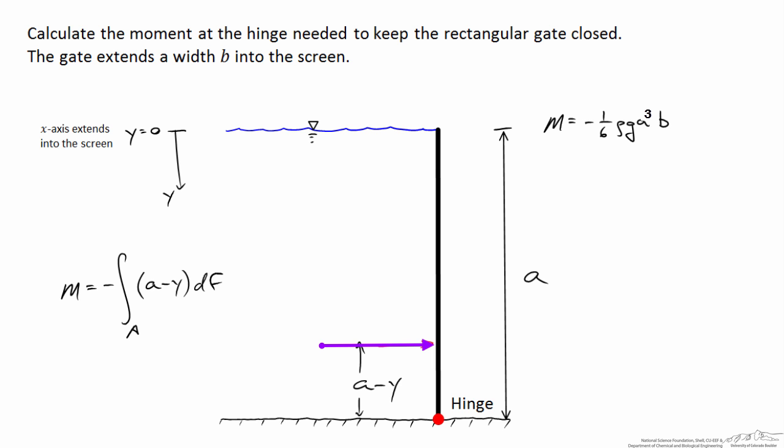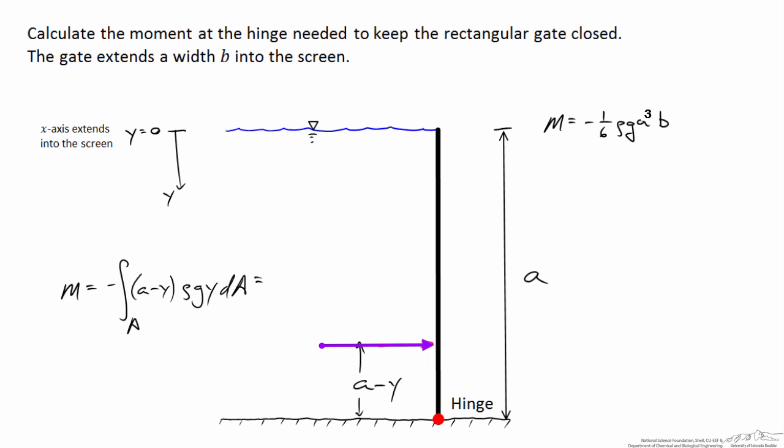And this differential force is simply p times the differential area. And continuing with this, I've got negative the area times, again, a minus y, the lever arm, times rho g y dA, where rho g y is the static pressure at some value y below the surface.